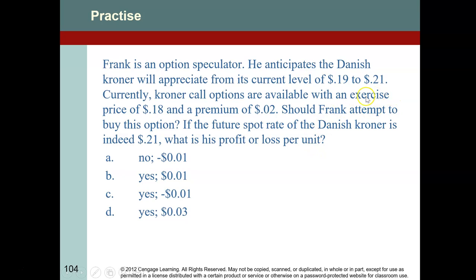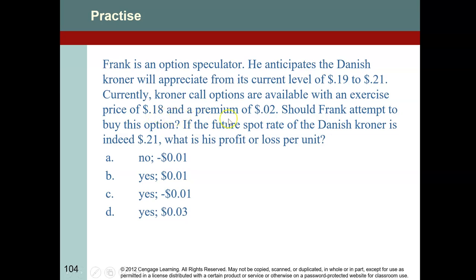So the call option allows us to purchase this currency, Danish kroner, at the price of 0.18, with a premium of 0.02. So altogether, we're going to pay 0.2 for each unit of the currency.